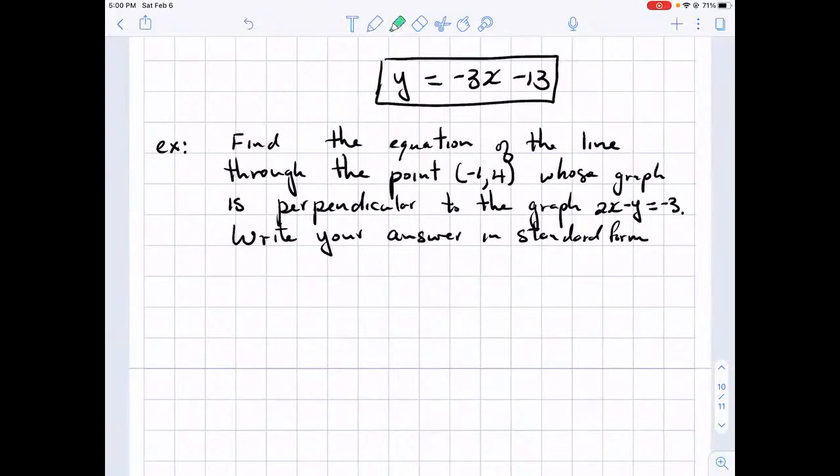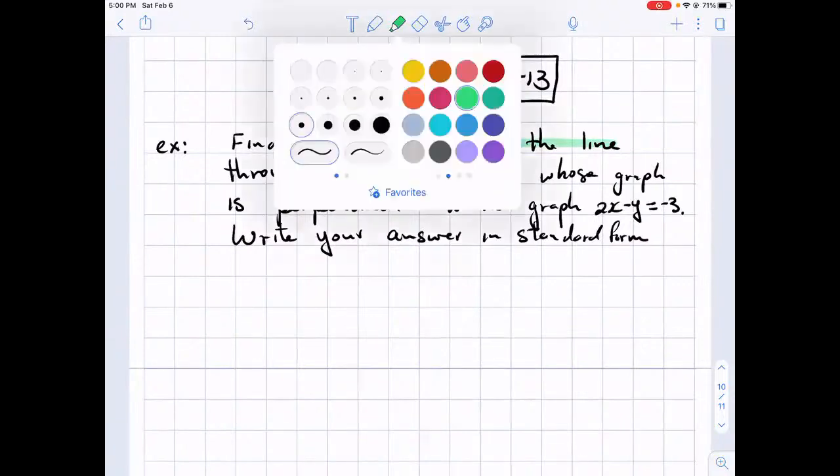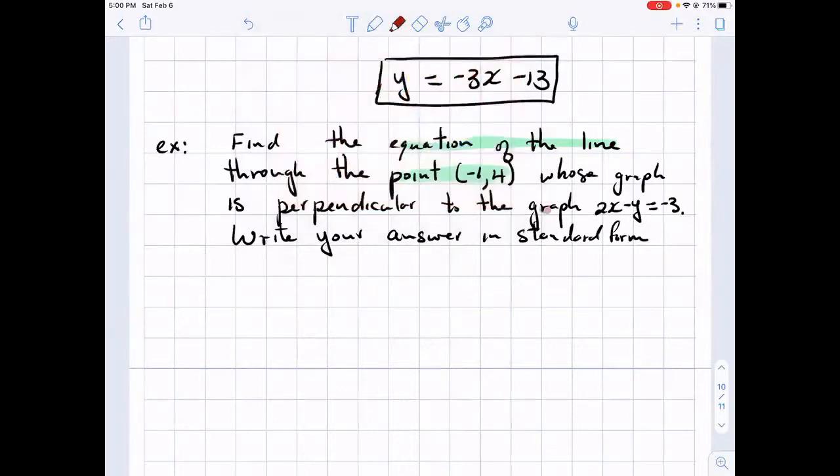So we do want to find the equation of a line through this point. So we do have a point whose graph is perpendicular. What we don't have is a slope, but we know it's perpendicular to this equation here.